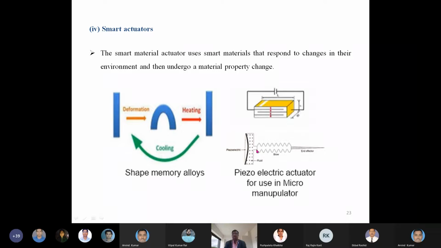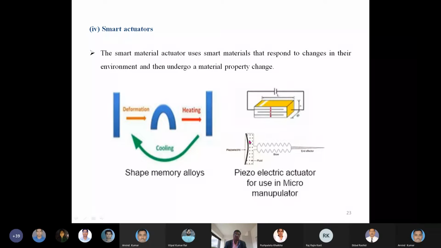whenever we want to inject medicine into a human body cell at any time when there is a need, here we have a chamber, and in this chamber we have the piezoelectric element.